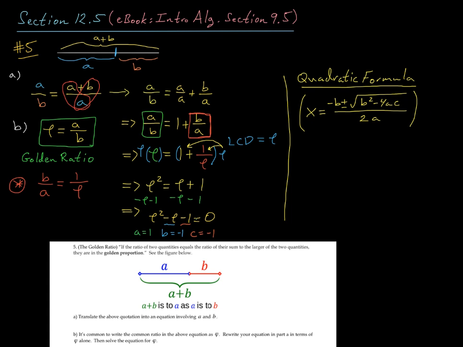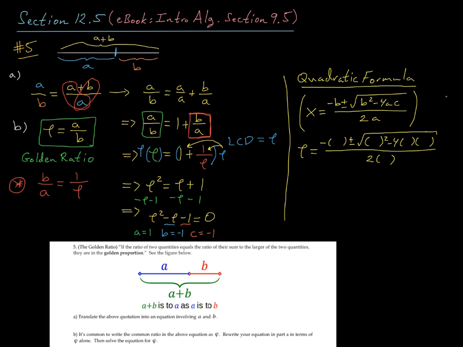To solve a quadratic like this, we can simply plug our coefficients into the right-hand side and we'll get our solution. So I'm going to take the opposite of b plus or minus the square root of b squared minus 4 times a times c, and then divide all of that by 2a.